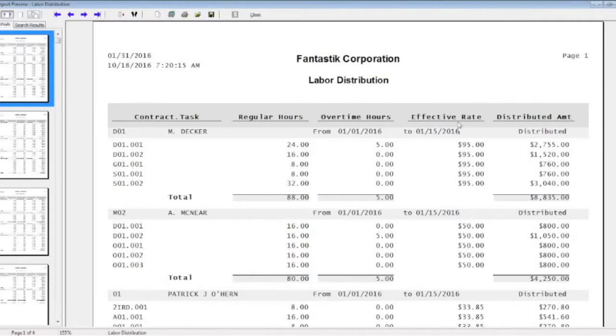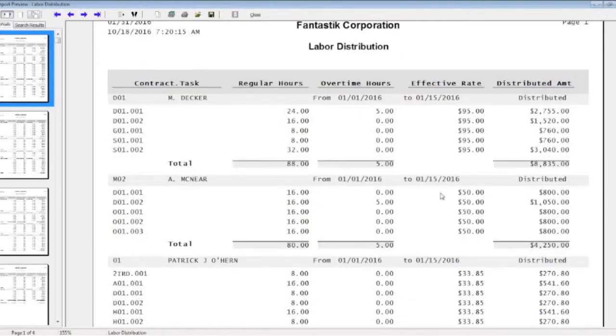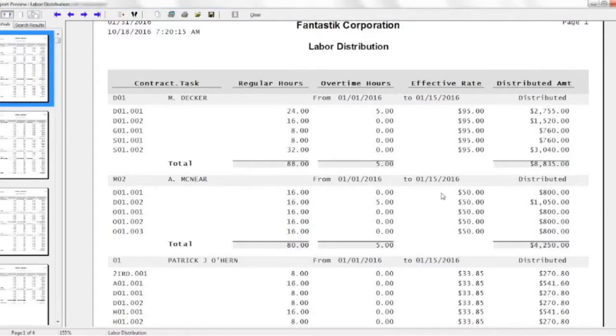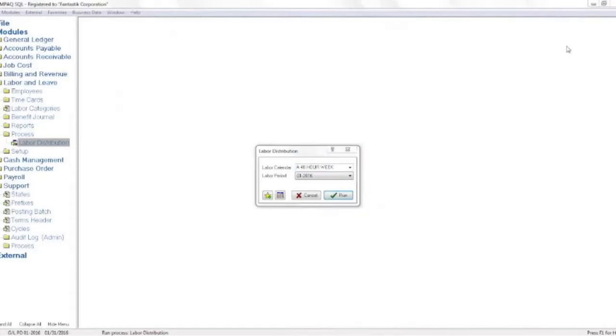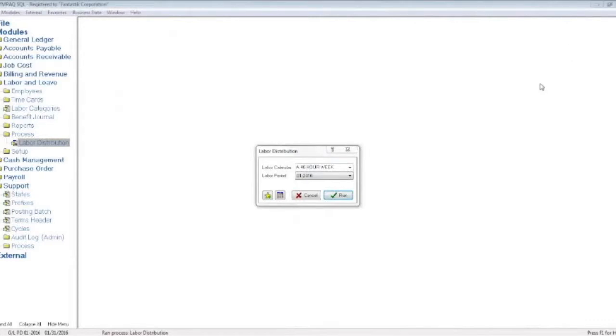What effective rate means, if an employee is salaried, the system will create a rate based upon, and when we say rate in this sense, it's not an indirect rate, it's a pay rate that is effectively calculated by the hours on the timesheet divided into the employee's salary for the period. So that is the effective labor distribution. So again, a process that the DCAA is big on.